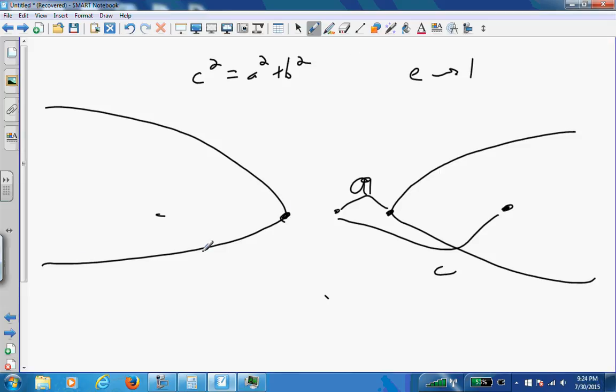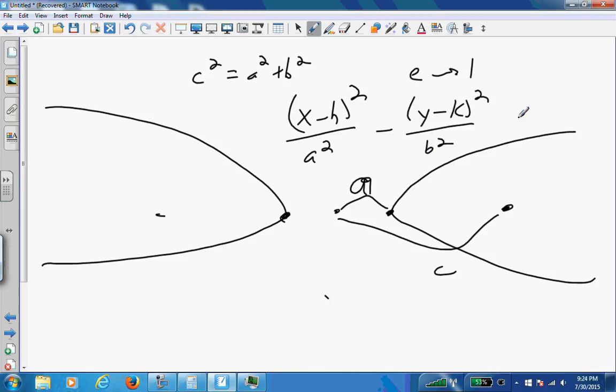If we know our hyperbola is going sideways, we know the x term is first, and a squared is underneath it. The y term is next, and the b squared is underneath it. If our hyperbola is vertical, then those are vice versa. a is always under the first term, b under the second for a hyperbola. So that's our characteristics of a hyperbola.